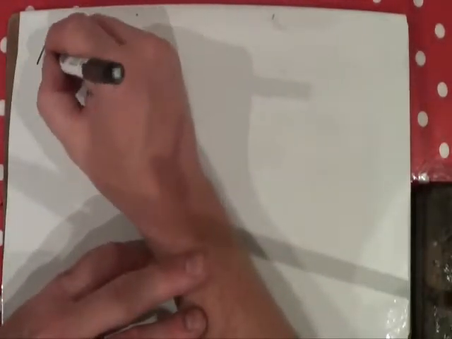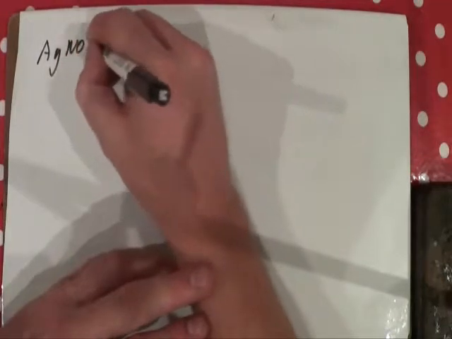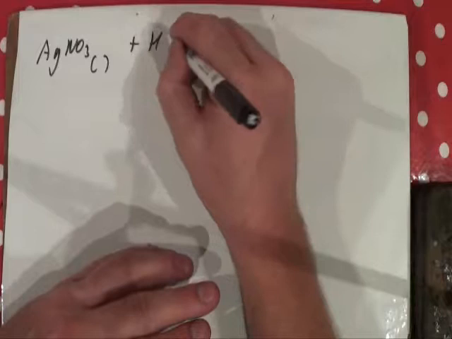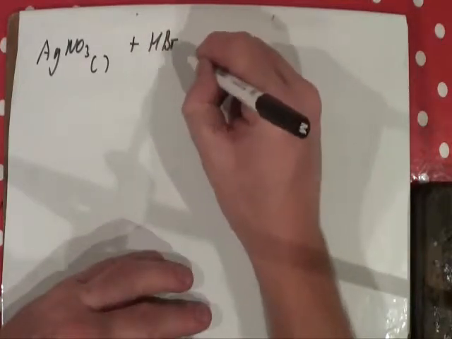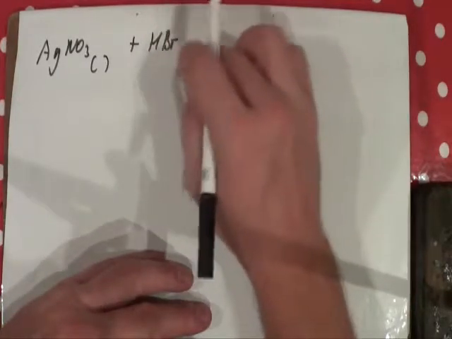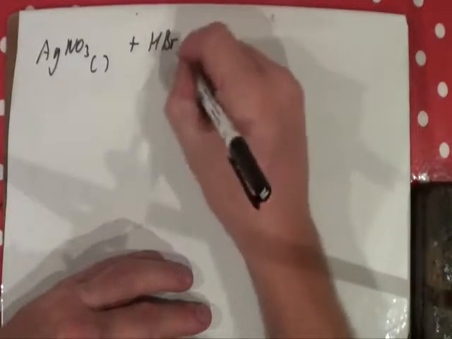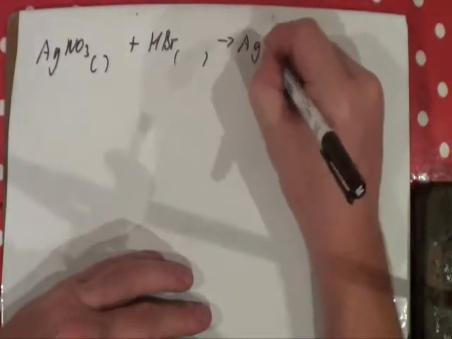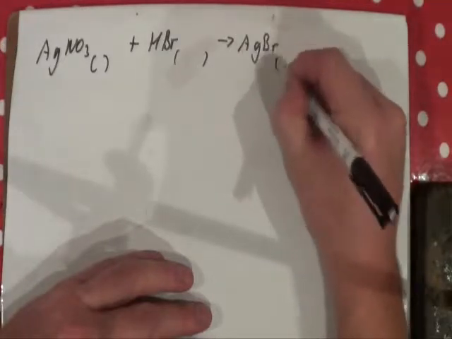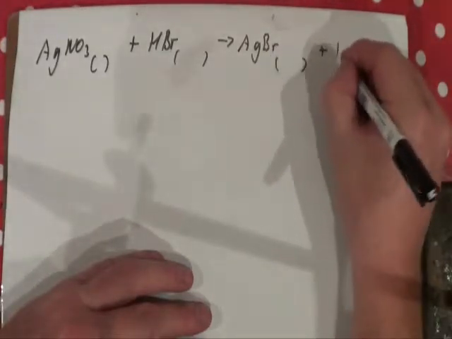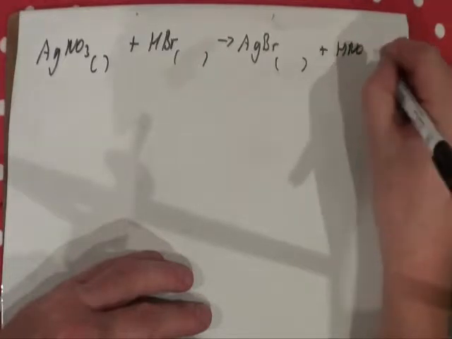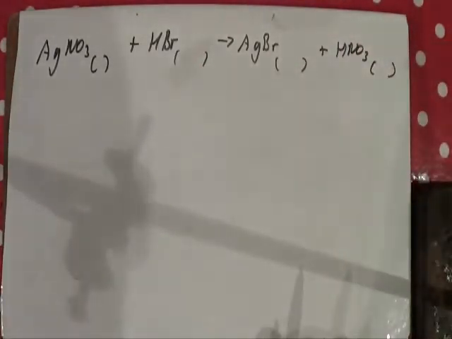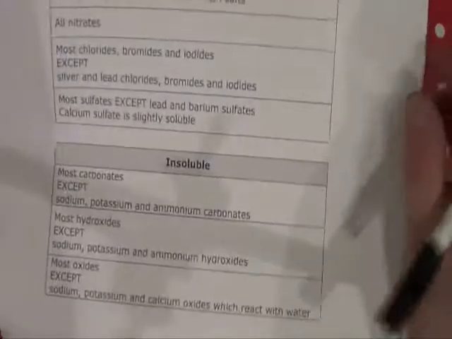So we'll start off with silver nitrate reacting with hydrobromic acid, to give us silver bromide and nitric acid. So let's get our solubility table and do silver nitrate first of all.